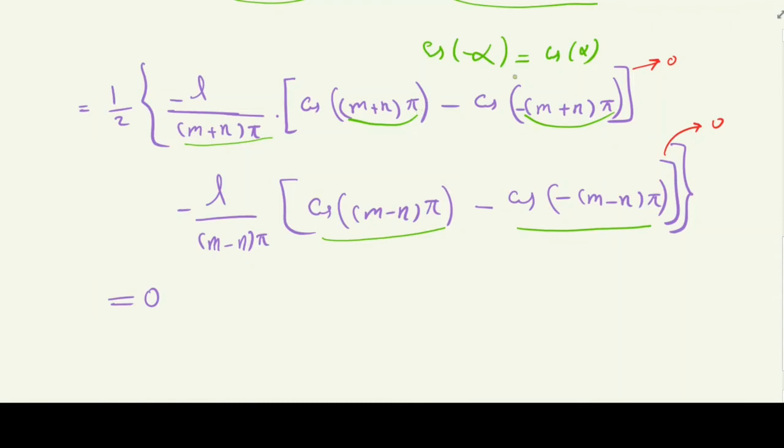So they're the same. So if you subtract one from the other, it's going to be just 0. Similarly, for the second one, you have cosine of m minus n times pi, and the negative of that argument, which is having the same cosine.